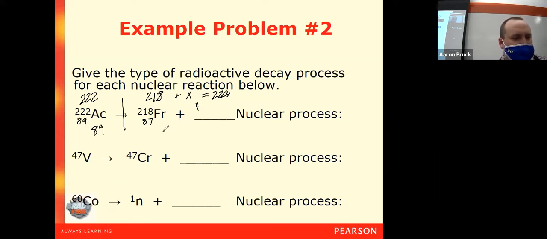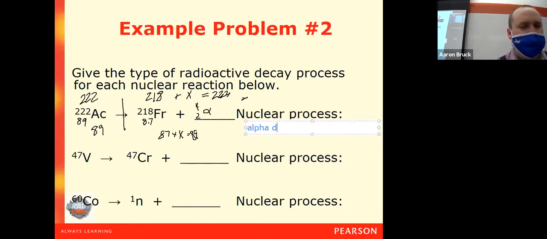On the bottom side, I've got 87 plus x, give me 89. That means I'm going to need a 2 here. This part's about recognition. The particle that gives me a mass of 4 and a atomic number of 2 is an alpha particle. And so this nuclear process is alpha decay.